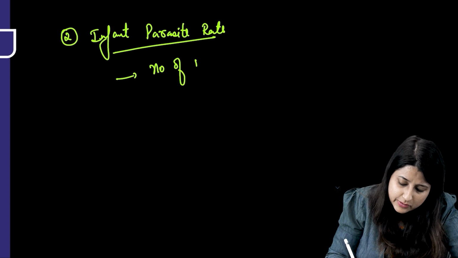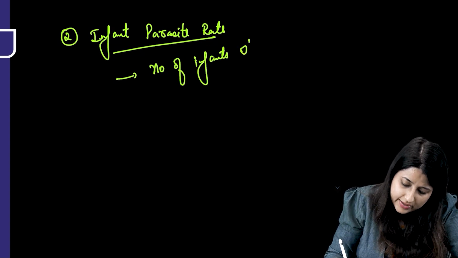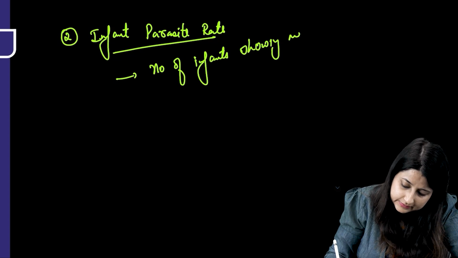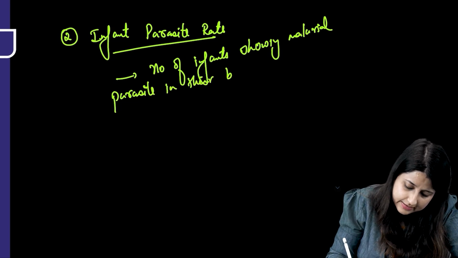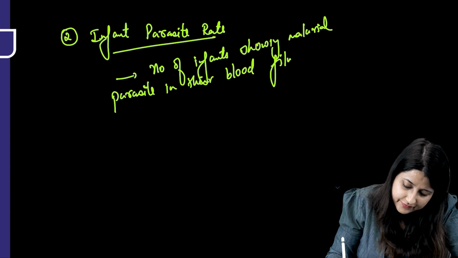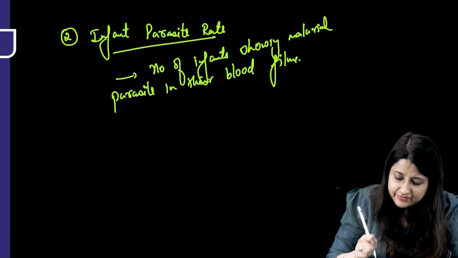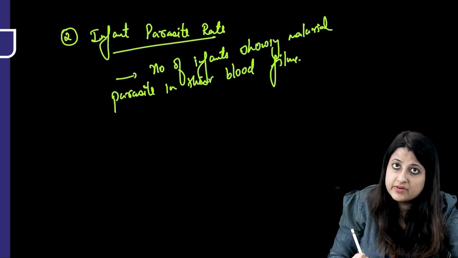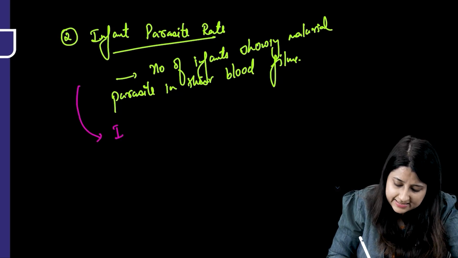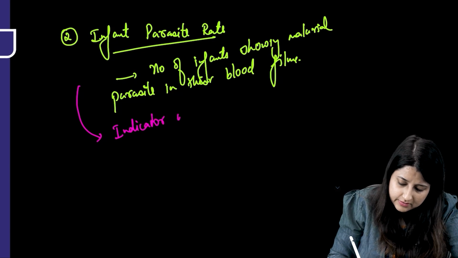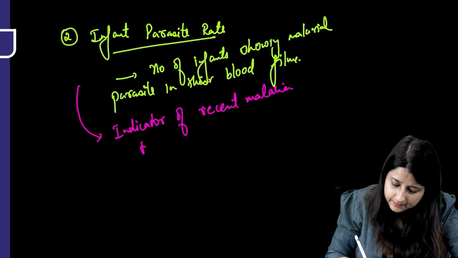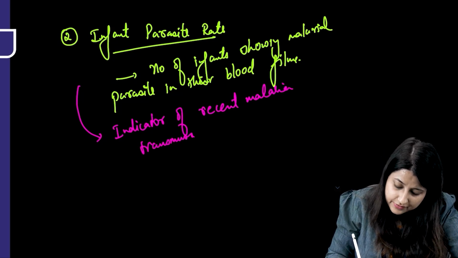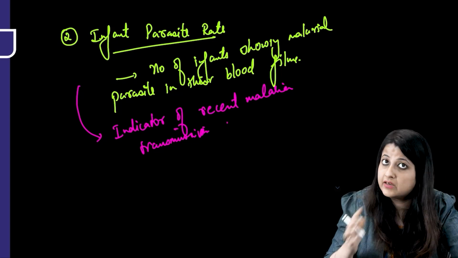So it is simply the number of infants showing malarial parasite in their blood films. But they don't ask the definition. More important over here, they are asking is it is an indicator of recent malaria transmission in a community.